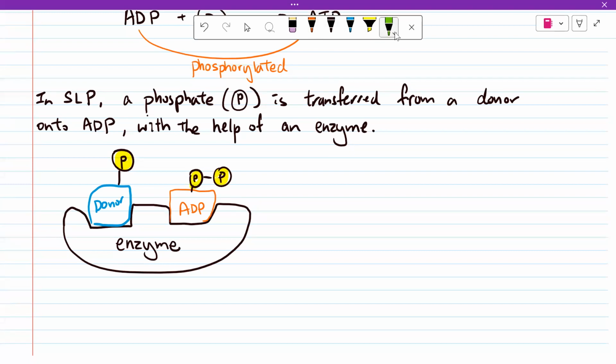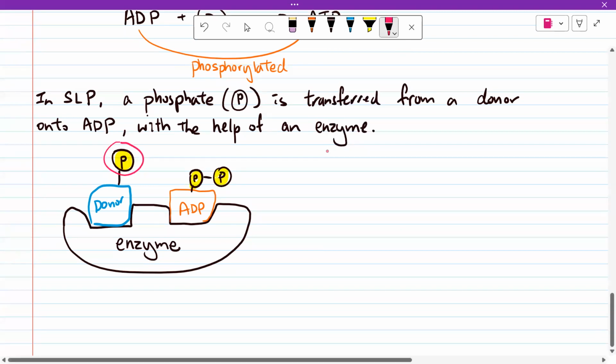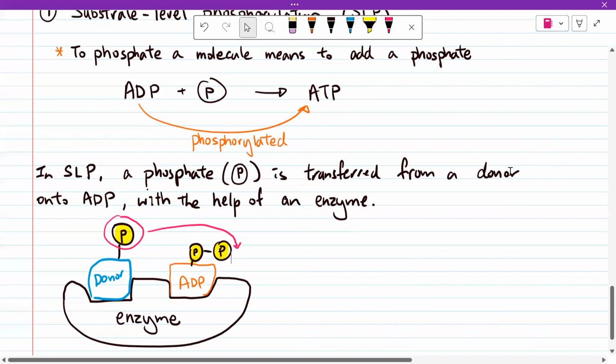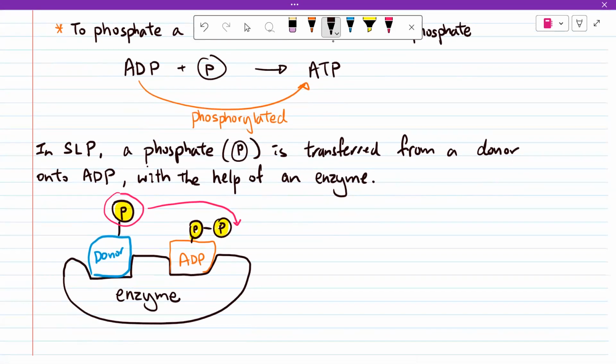So the enzyme here, you need an enzyme for any reaction in the body anyways, is going to take the P from the donor and then put it onto ADP. So this transfer of phosphate is going to generate ATP. We call this substrate level phosphorylation.